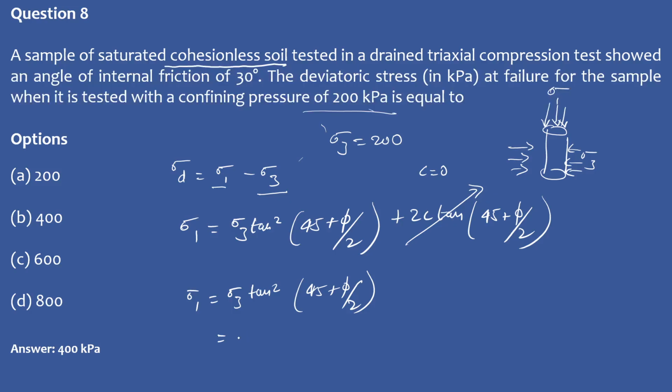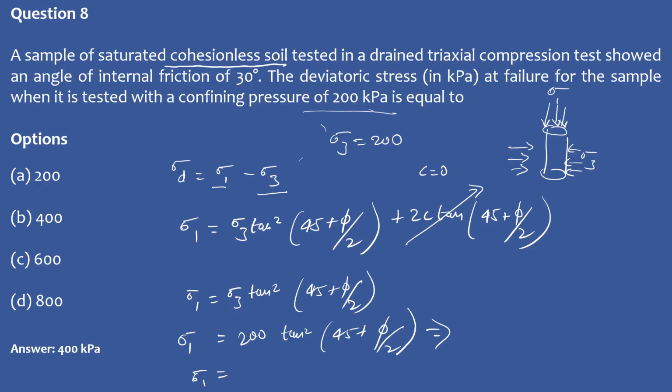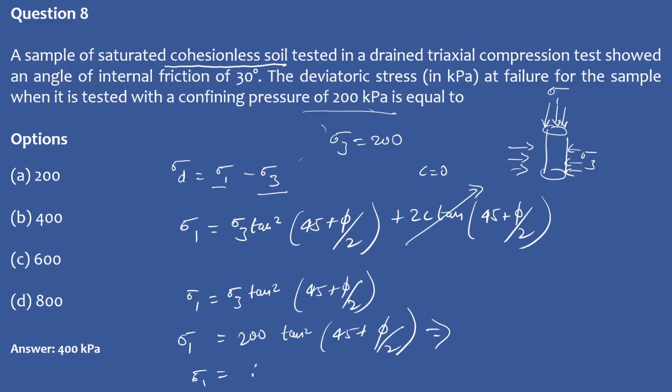Your sigma 3, which is 200, then tan square (45 plus 15). So sigma 1 will come out as 600 kPa.